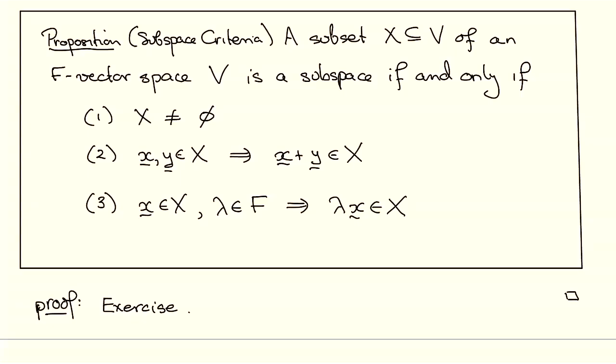You actually have to write out the vector space axioms and check that these three conditions, and of course knowing that V itself was a vector space, will verify all of those axioms for our subset. All right, so just to streamline that: non-empty, closed under addition, closed under scalar multiplication. Couldn't be easier than that.